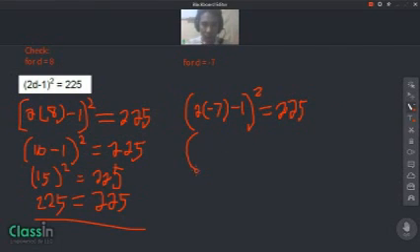Okay, so 2 times negative 7 is negative 14, minus 1 quantity squared equals 225.